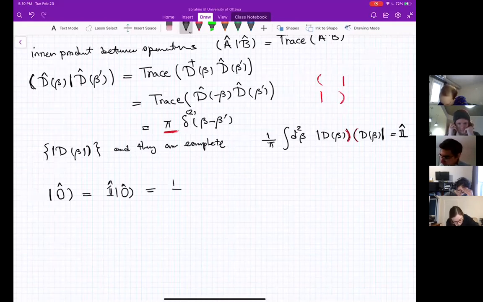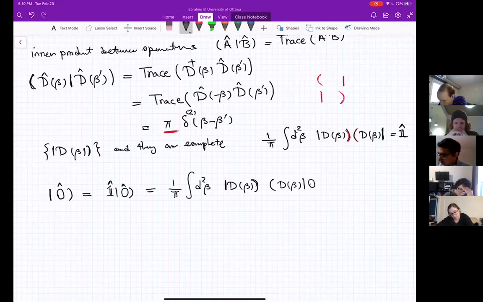That means 1 divided by pi, integral of d2 beta, D of beta, super operator of D beta acting on operator O. Okay, good.